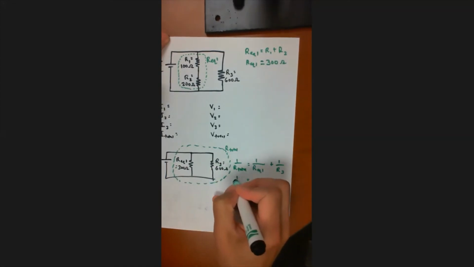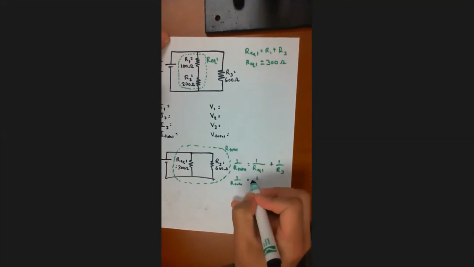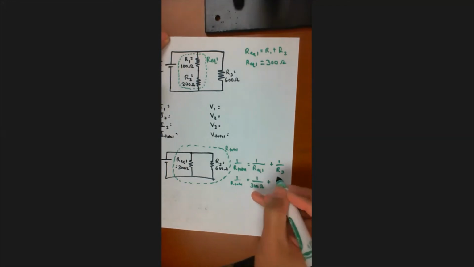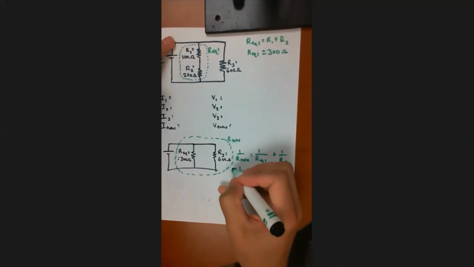All right, now we've seen this a bunch of times before. So 1 over R total equals 1 over, that is 300 ohms, plus 1 over R3, and R3 is 600 ohms. All right, so remember we're going to take the inverse of both sides.